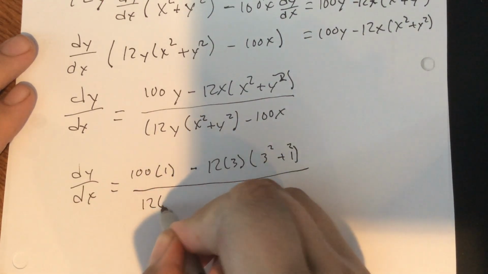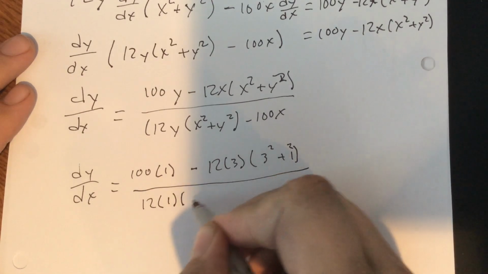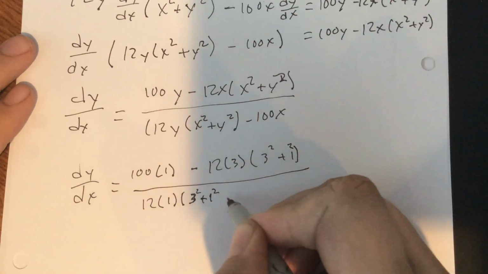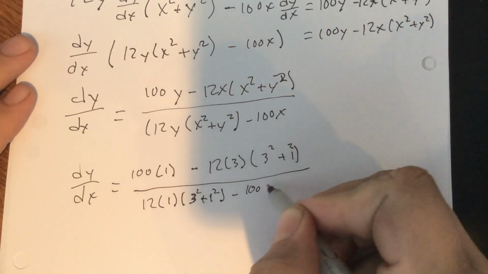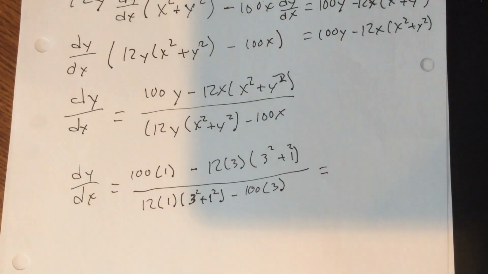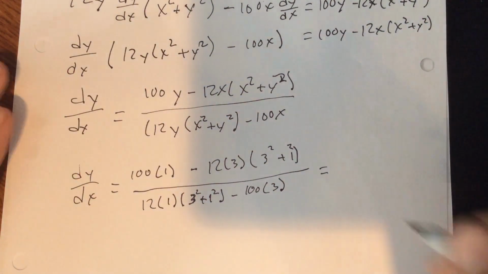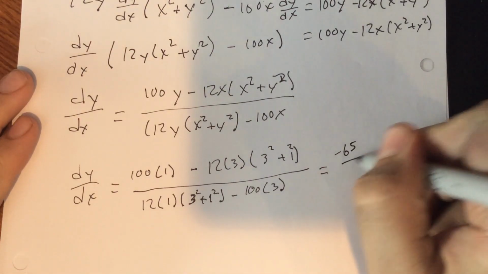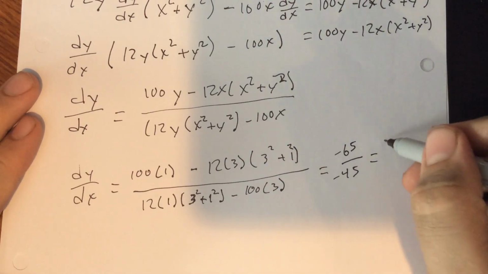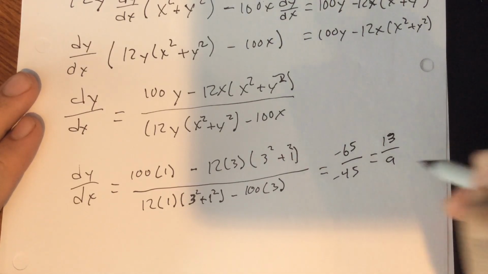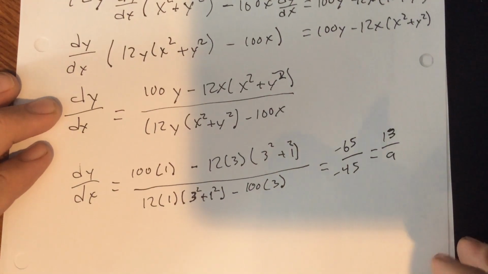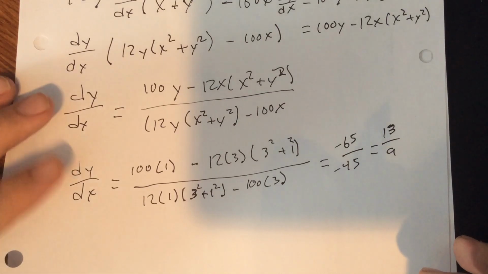The bottom, 12 times 1 times 3 squared plus 1 squared minus 100 times 3. When you do all that, you should end up with, on top, a negative 65 over negative 45, which will come out to be 13 over 9 for an answer. All right, so now we can move on.